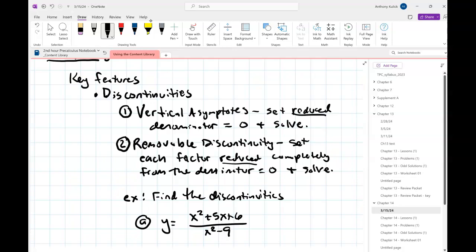Okay, so let's say we have y equals x squared plus 5x plus 6 over x squared minus 9.